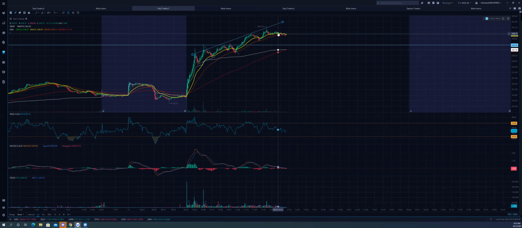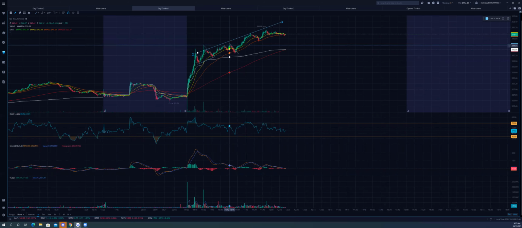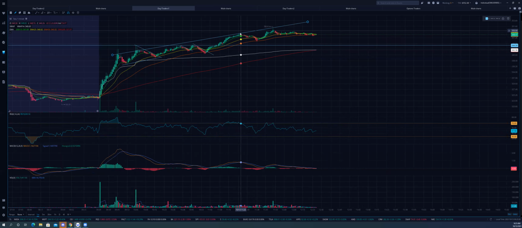Once you see this formed right here, you could have drawn this line all the way across your screen before any of these candles formed to the right. And then once you see this formed and it touches it, you know that there's resistance right here, and that's exactly where the resistance is at, which is at this double top right here.